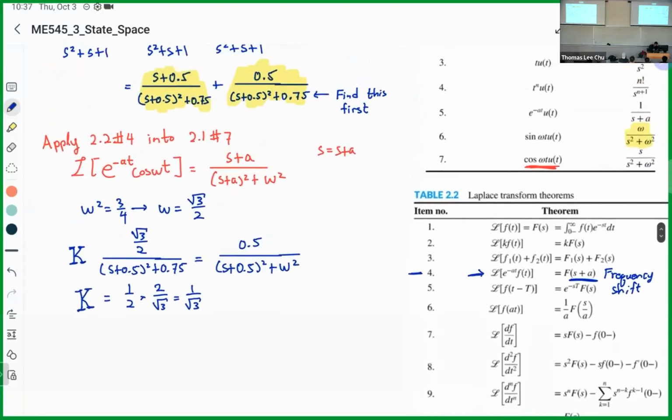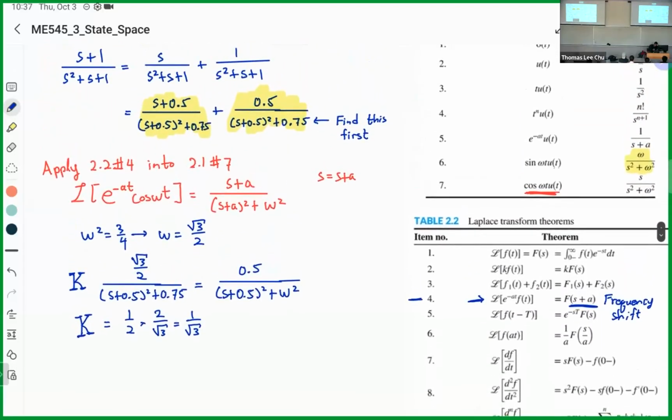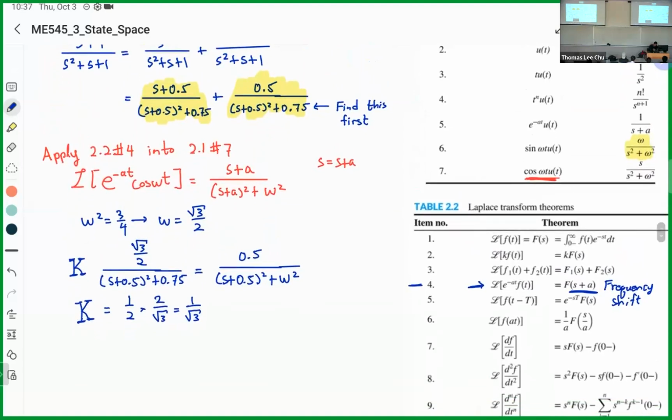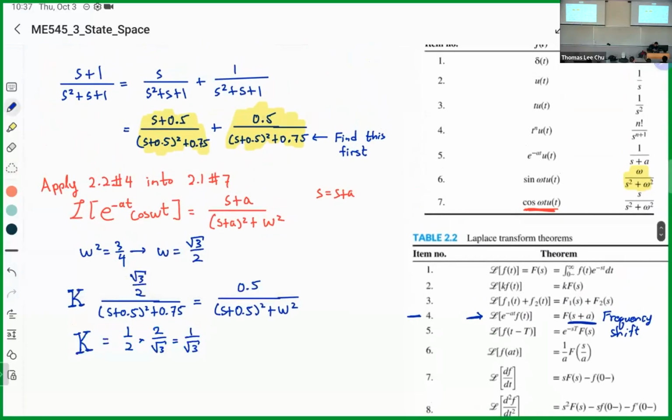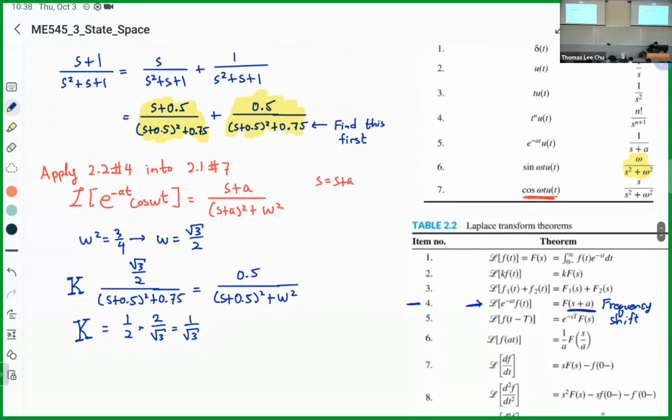Okay, so let me explain my steps. I might have overcomplicated that, but basically I need to pull some constant k out of here. Let's redo that.